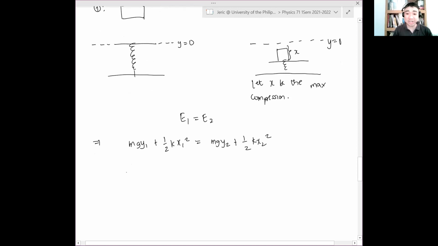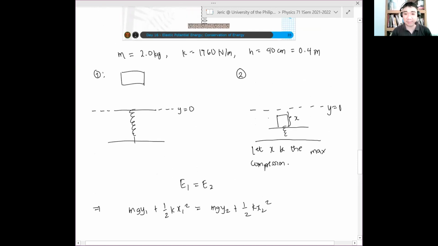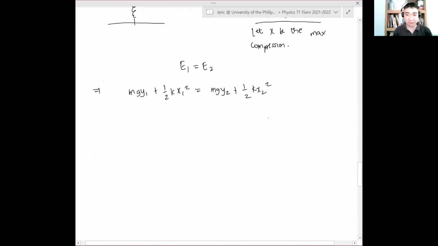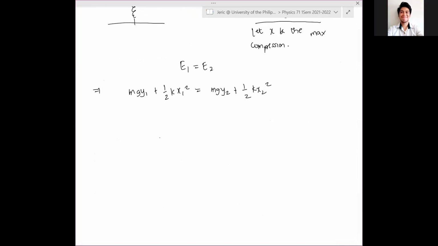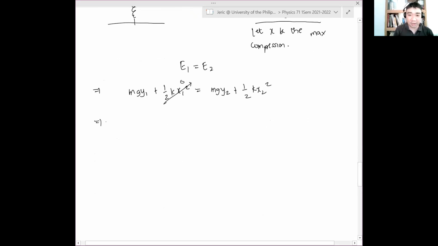And at the initial height, there's some initial y1. But what can we say about the initial elastic potential energy? It is 0, because the box did not interact with the spring. And therefore, I have mgy1 equals mgy2 plus 1/2 k x2 squared.